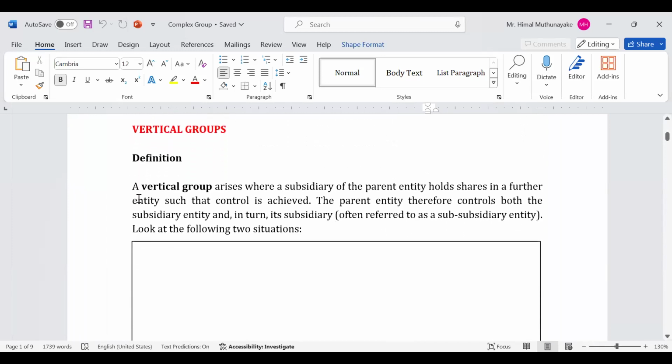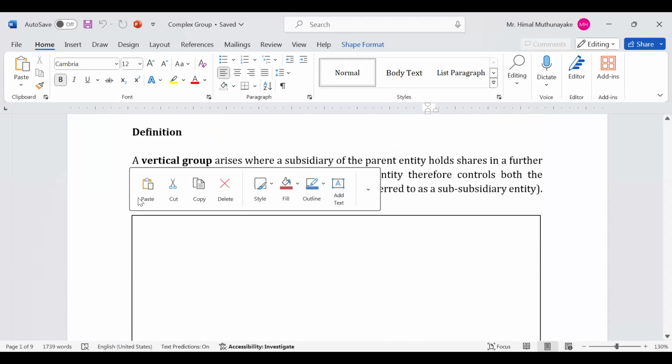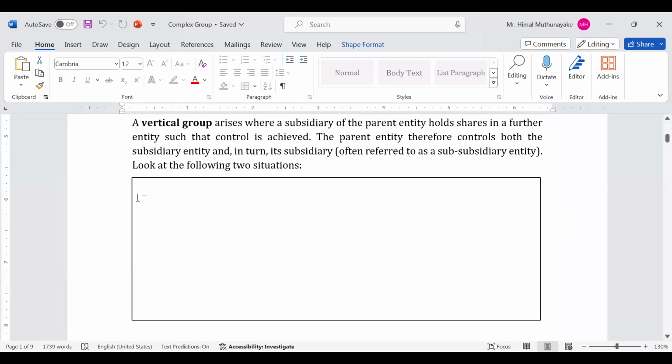First of all, I'm discussing the vertical groups. A vertical group arises where the subsidiary of the parent entity holds shares in a further entity such that control is achieved. The parent entity therefore controls both the subsidiary entity and its subsidiary, often referred to as the sub-subsidiary, or the fellow subsidiary that we have learned.